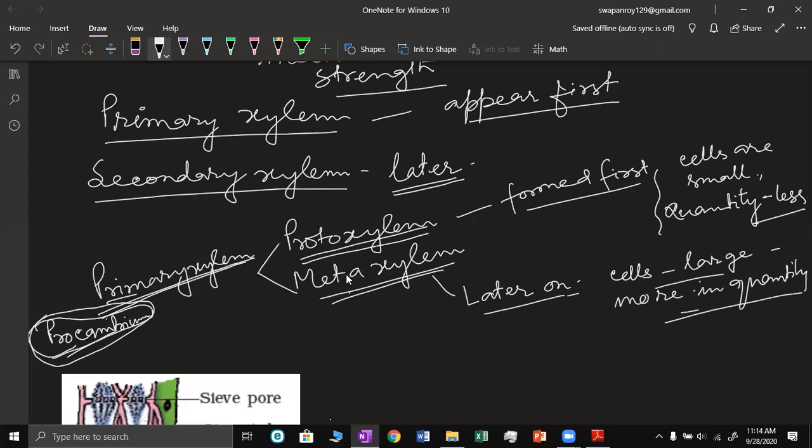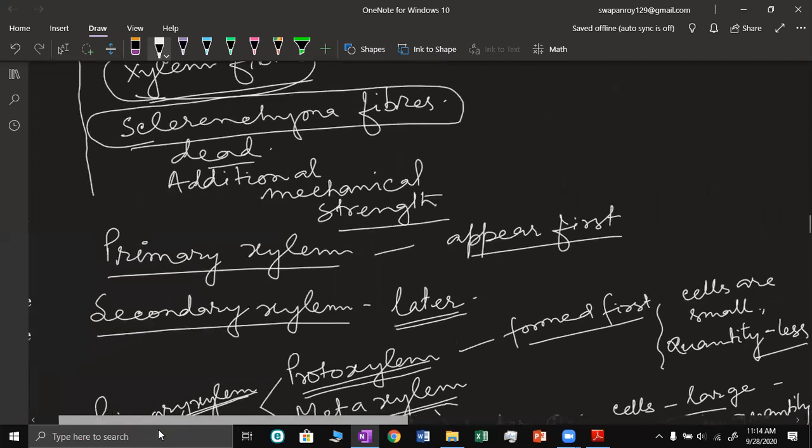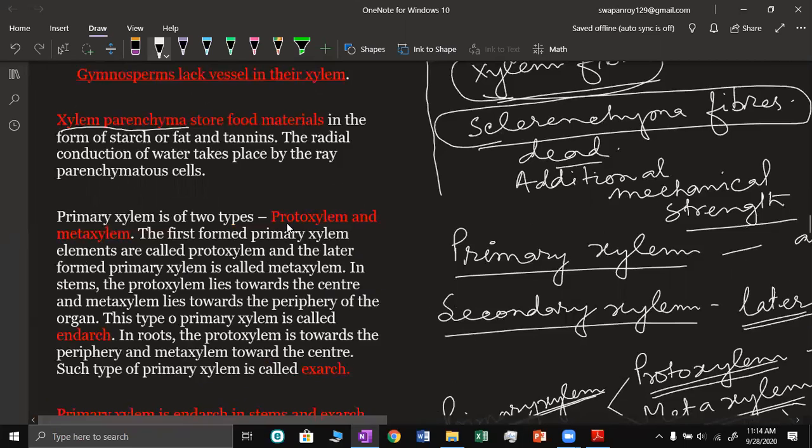The arrangement of the protoxylem and metaxylem is slightly different in the root and stem. One term is there: endarch and exarch.